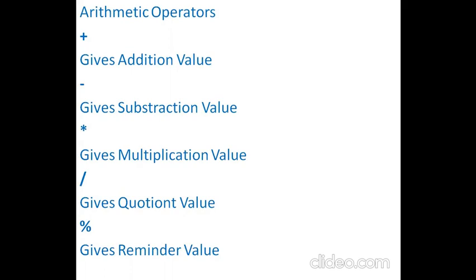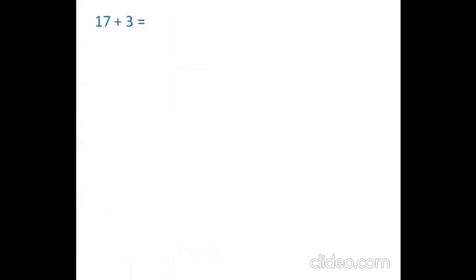Suppose there is an example: 17 plus 3. What do we get? 20. 17 minus 3 gives 14. 17 into 3 gives 51.